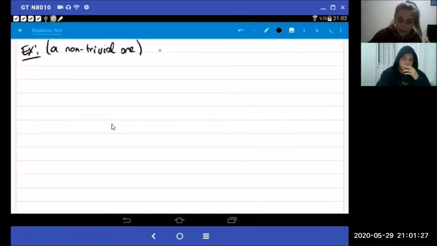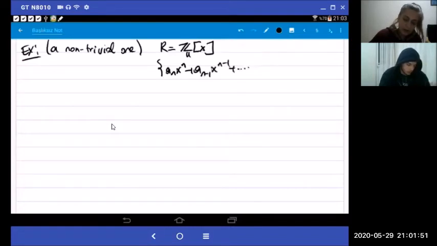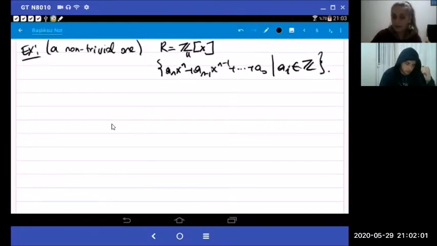Let R be the polynomial ring whose coefficients come from integers: a_n x to the n, a_(n-1) x to the n minus 1, and so on, up to the constant term, such that each a_i comes from the integers. This is a ring with respect to the usual addition and usual multiplication.